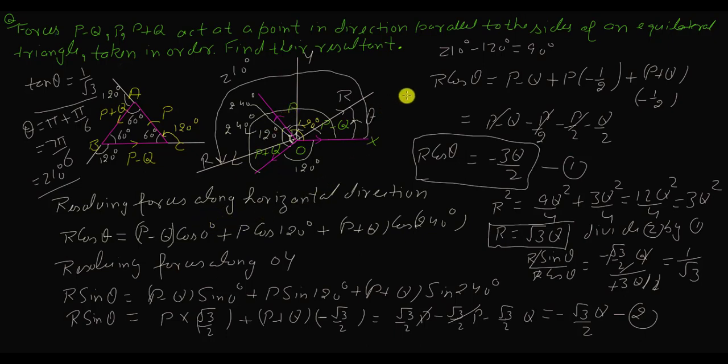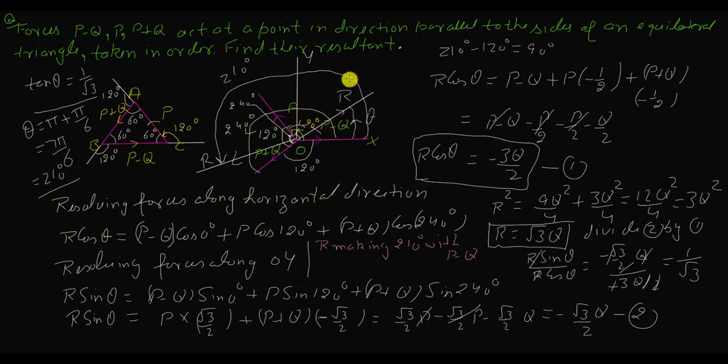So if I could write it over here, that R is making 210 with P minus Q. You have to mention it. And if you want to see its angle with P, I have shown you here, it is 90 degree because this is 120 degree.